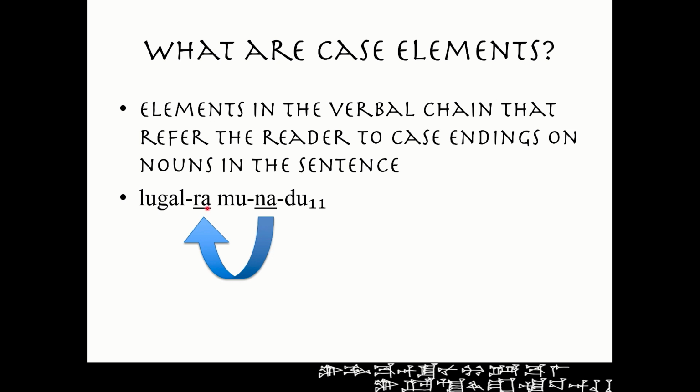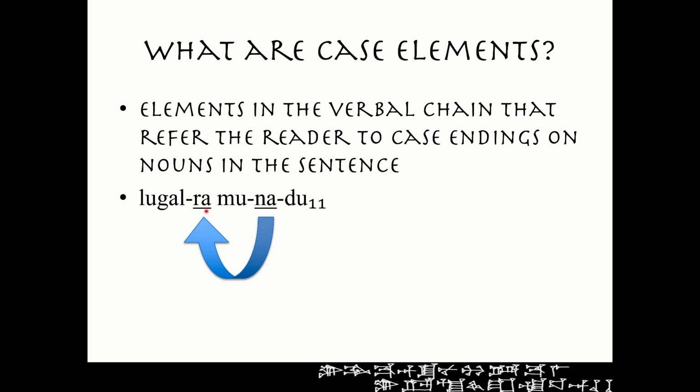And what they're doing, instead of just putting the ra on lugal and saying mu, du11, is telling you, by writing na, the verb is saying, hey, there's a dative in this sentence somewhere. Go find it. And it refers to this ra.